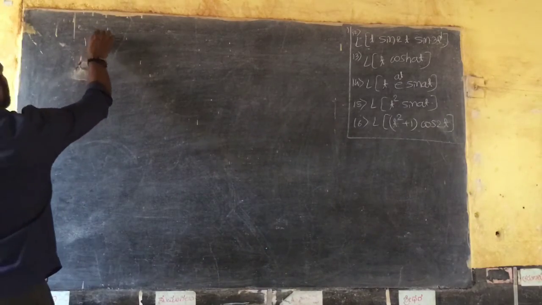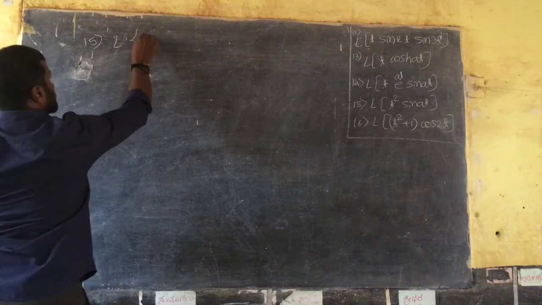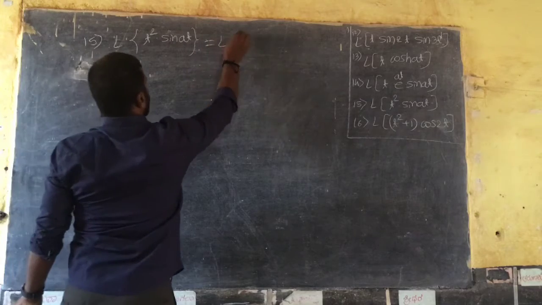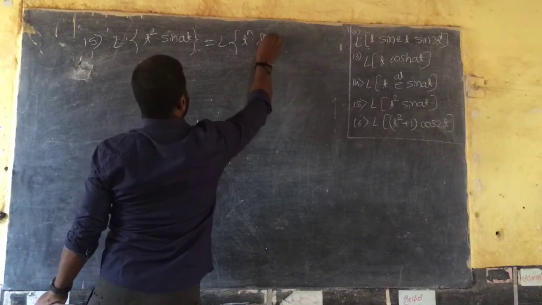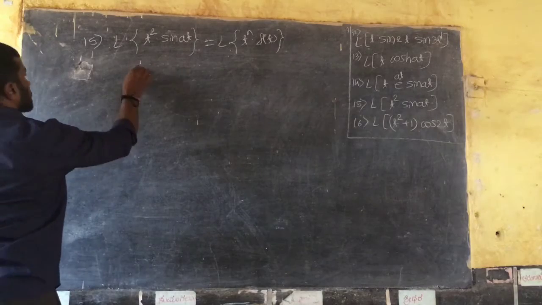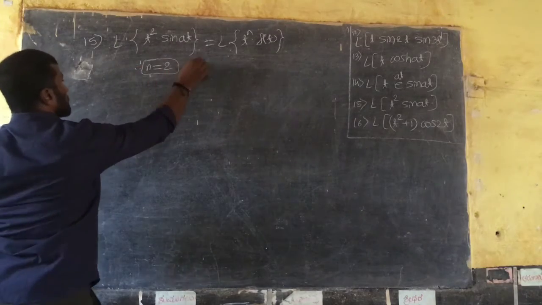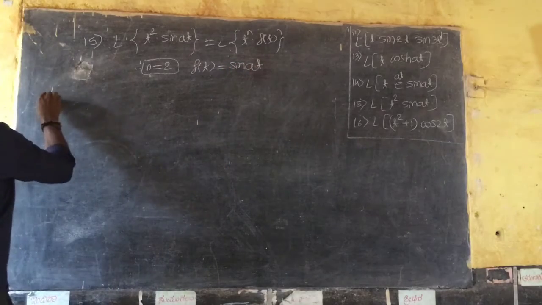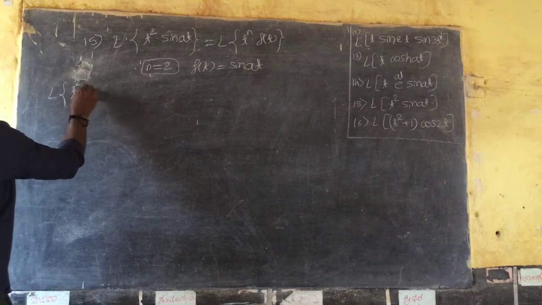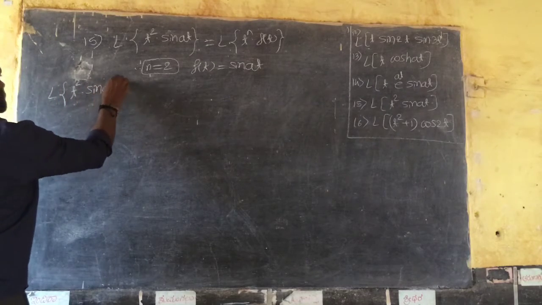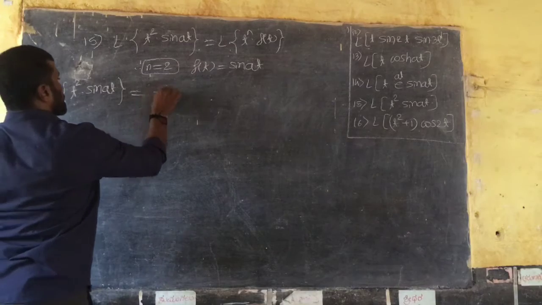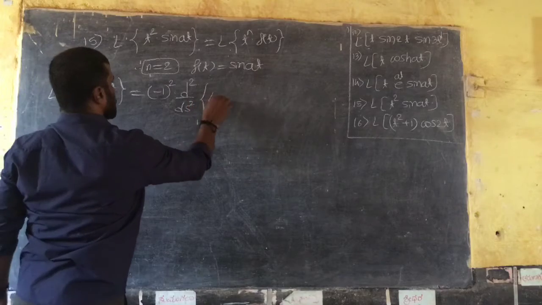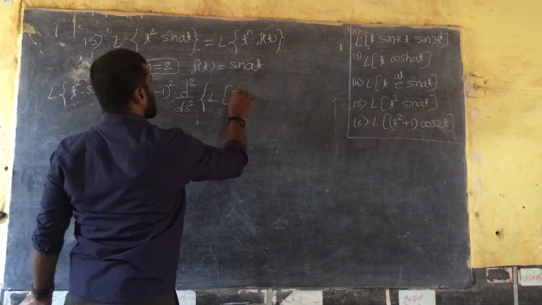Similarly the 15th one: Laplace of t square into sine of at. That is Laplace of t raised to n into f of t, therefore n is equal to 2 and f of t is equal to sine of at. We know the formula: minus 1 whole square d square by ds square into Laplace of sine of at.